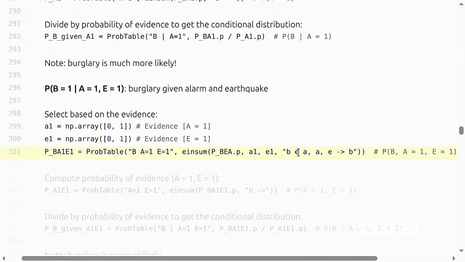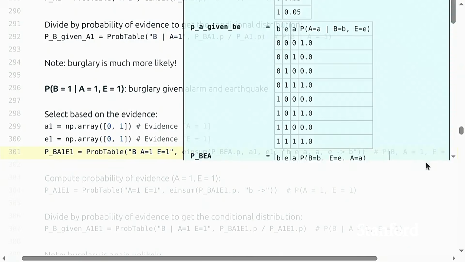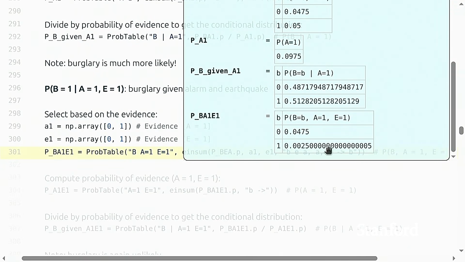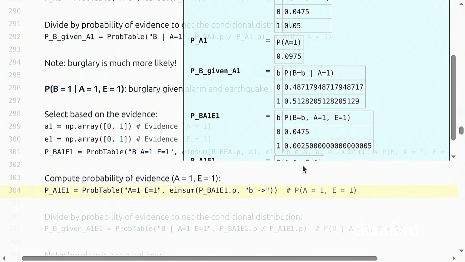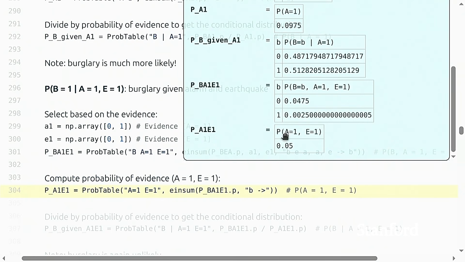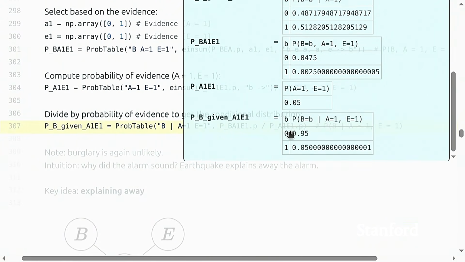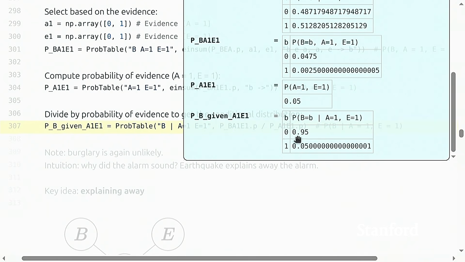Then I also drop E and A, and that gives me the probability of B, A is 1, and E is 1. Let's see what that gives us. It gives us this. The rest is the same as before: compute the probability of the evidence, which means adding these two numbers up, and then divide by it to give us the probability of burglary given alarm and earthquake. And you notice that now the probability of burglary has indeed decreased to 0.05.